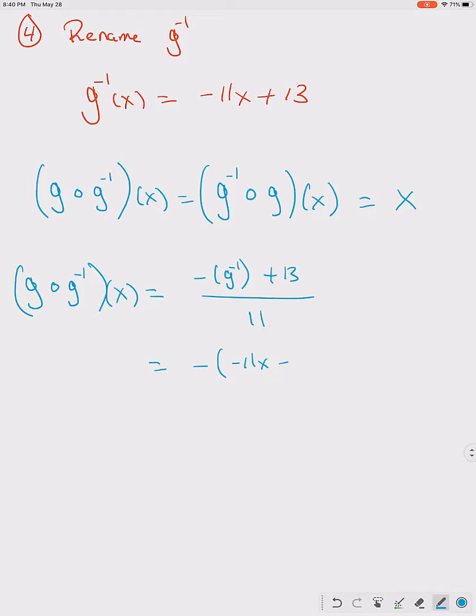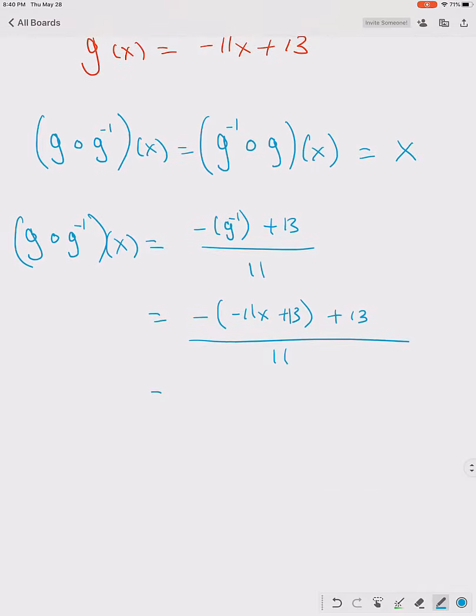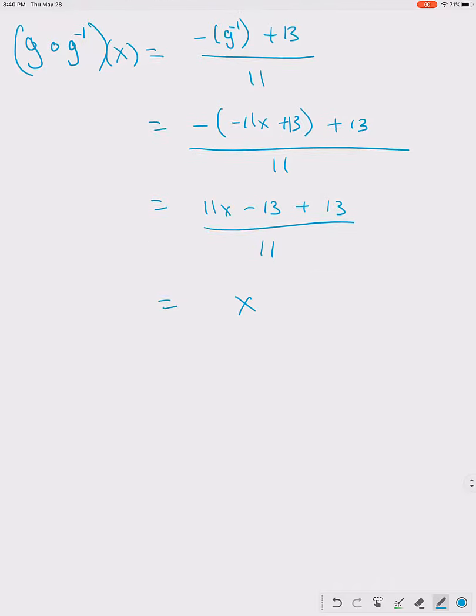Negative 11x plus 13. So that's negative, negative 11x plus 13, plus 13, all divided by 11. When I distribute the negative, I get 11x minus 13 plus 13, all divided by 11. And sure enough, that will simplify to just x. So that's g composed with g inverse.